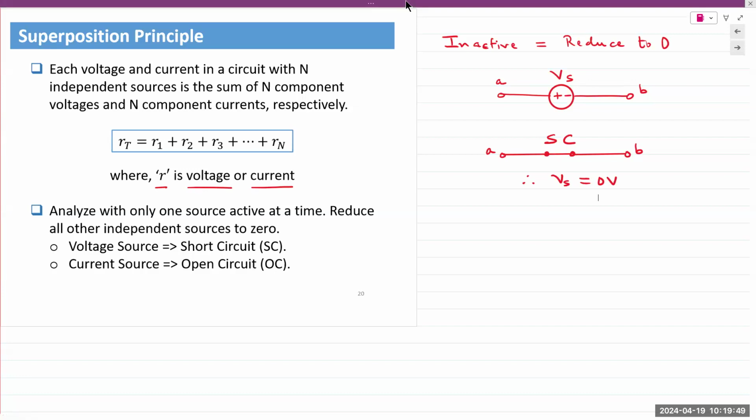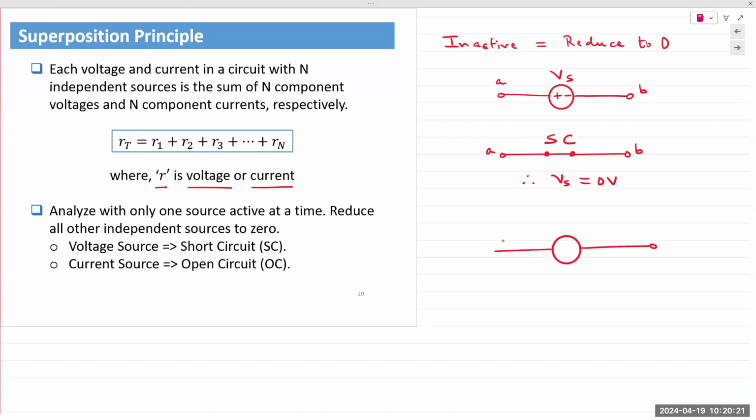Make sense? And you take that concept and apply it to current sources. Current needs a pathway to flow through. If there is no path, if it's broken, current cannot flow through. So if you have a current source, you simply remove it from the circuit. Once you remove it, you don't replace it with anything. Current does not have a pathway to flow through. So now Is is reduced to 0, or Is is inactive. For a current source, it doesn't matter which direction that current is flowing.